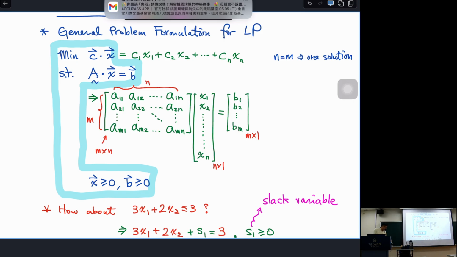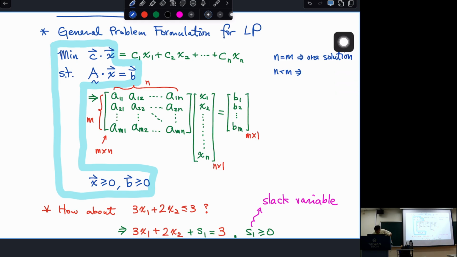And how about n smaller than m? That situation is called overly constrained.